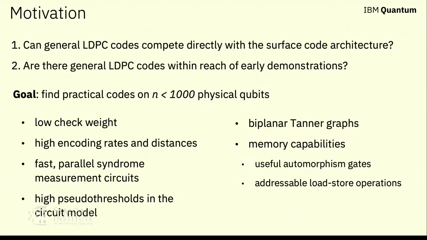We want to be able to design circuits for these codes, and the circuits we design should give low logical error rates and high pseudo thresholds in the circuit noise model. And then, as I discussed, the biplanar Tanner graphs. And then we'd also like some way to access the logical information and read it out into potentially a processor unit. So I'll go through each of these points for the codes that we design.